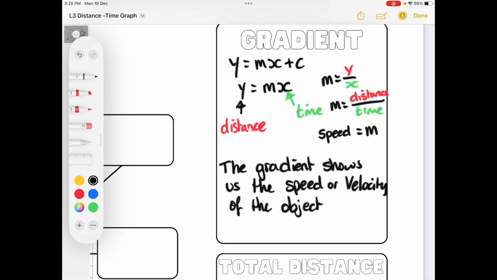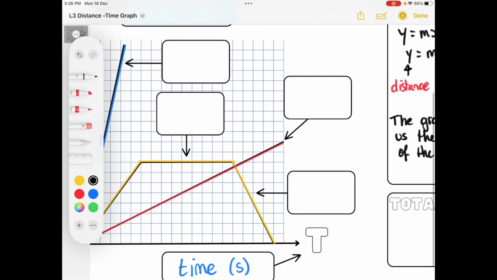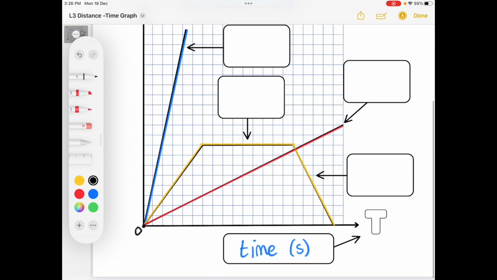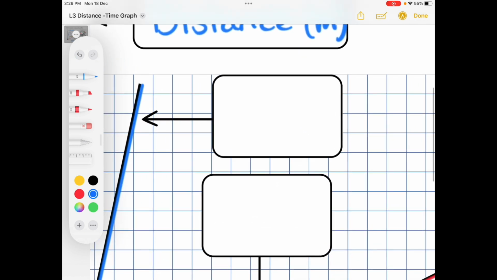Now that could be a car, could be a bike, could be a person walking, doesn't really matter, but it's showing us the speed or the velocity. So now when we talk about these shapes, if we think about this blue line to start with, we can look at this and say, well, that gradient is quite high. We don't have any numbers on here, but we could say that has quite a high gradient. So we could describe this as a high speed.